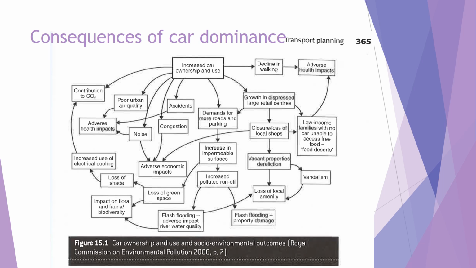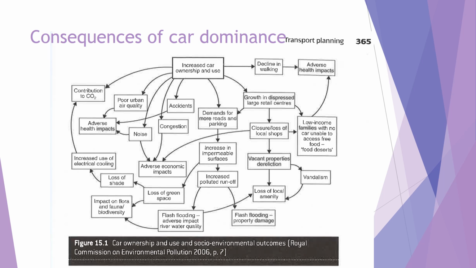So a version of this diagram will appear in a lot of transport planning documents, particularly anything around sustainable transport planning. So this particular image is from Mies on page 635. So increased car ownership and car use has all these knock-on effects around healthy transport.